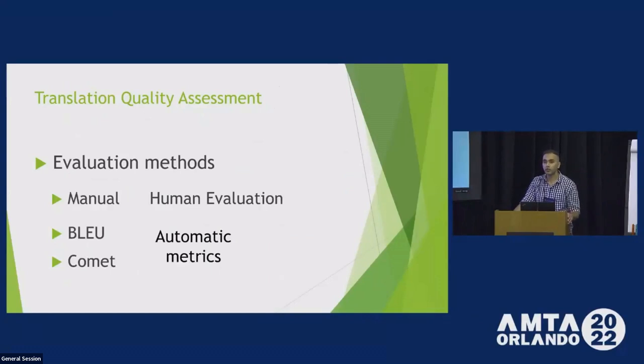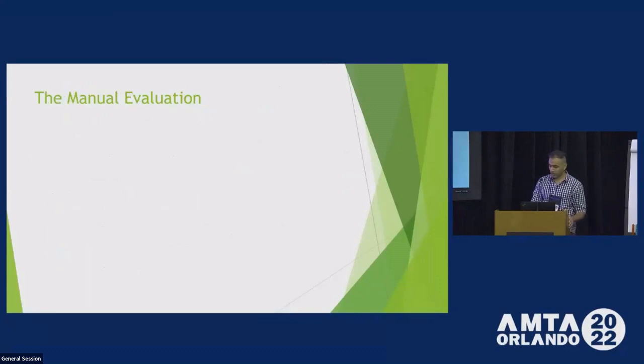And then we also used 2 automatic metrics, namely BLEU and COMET. For the manual evaluation process, we decided on going with adequacy as a criterion. In other words, accuracy and fidelity, since accuracy errors are the most severe and the hardest to detect.